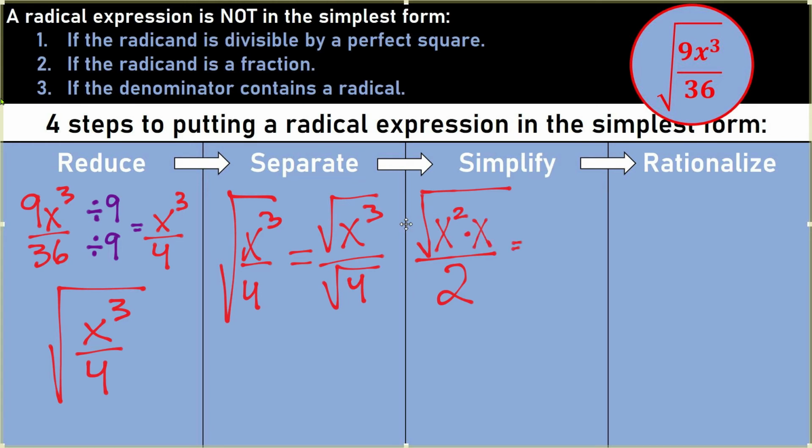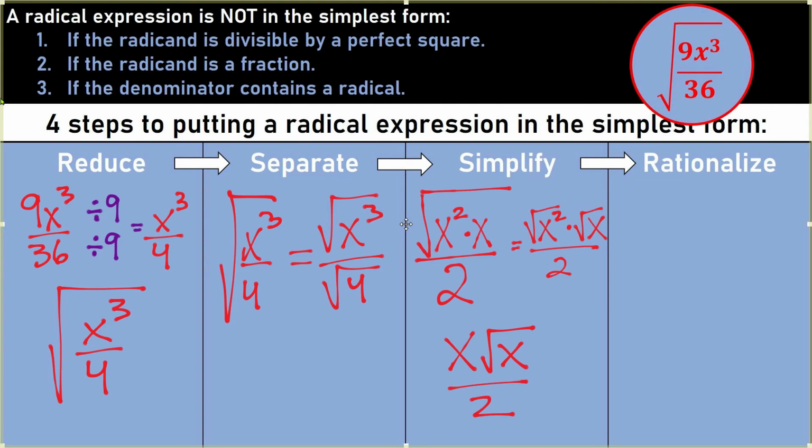Now I'm going to split those into the square root of x squared times the square root of x using the multiplication property of radicals. And then I still have my 2 on the bottom. So the great thing about the square root of x squared is a perfect square. So after I take the square root of x squared, I'll have x root x over 2.